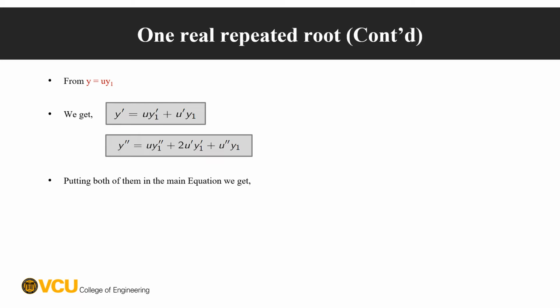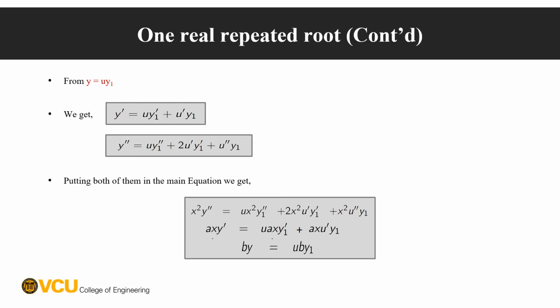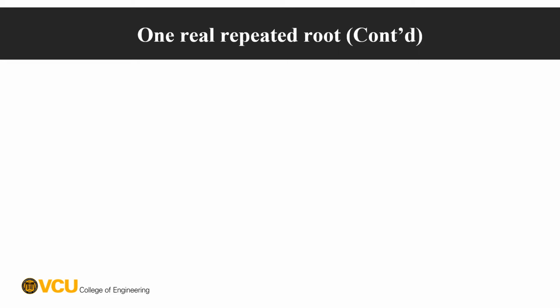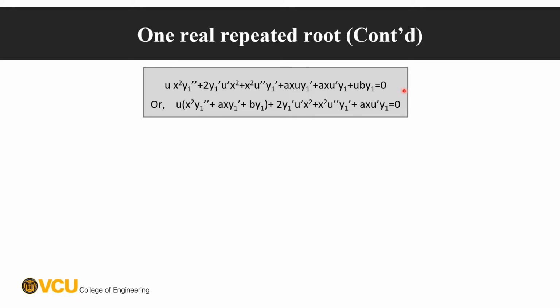Now, if we put them both in the main equation, we get something like this. The terms that contain a u with it, like this term here, and there is another term here, and another term here.